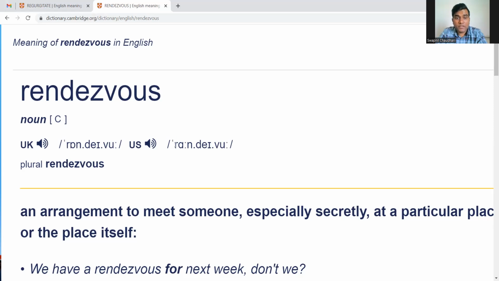The first syllable is where the stress is. And the pronunciation breakdown is the period sign, so it is breaking down at two places. So we have ron, day, voo. This word breaks down in three parts. Rendezvous. Let's study another example.